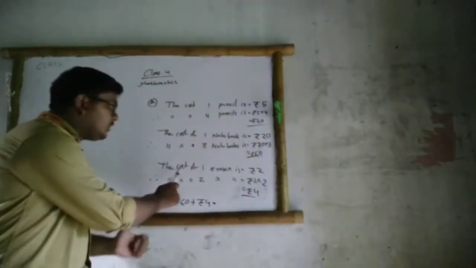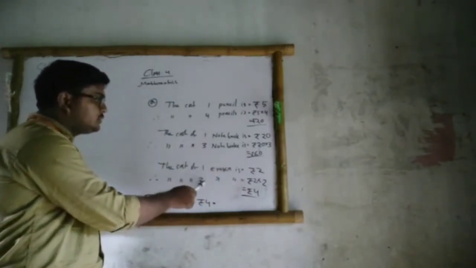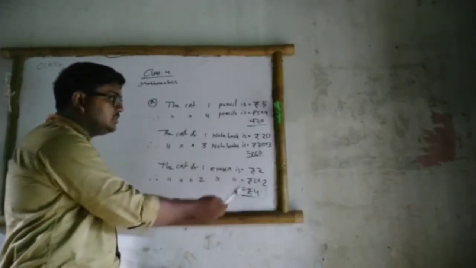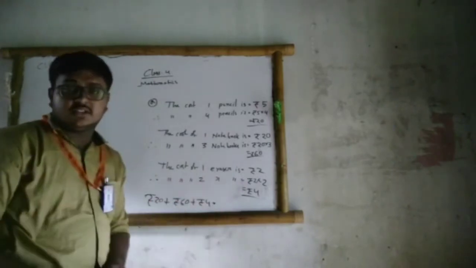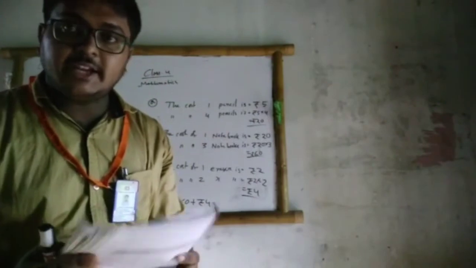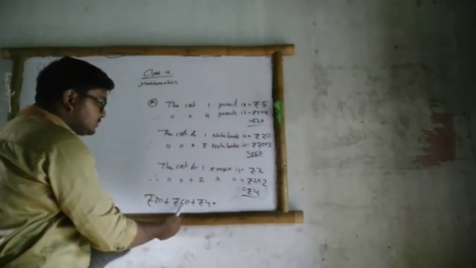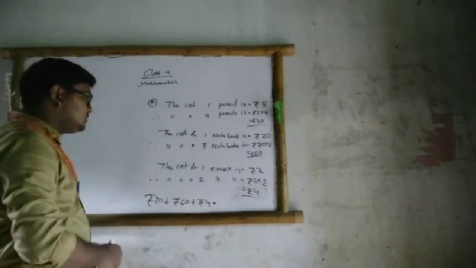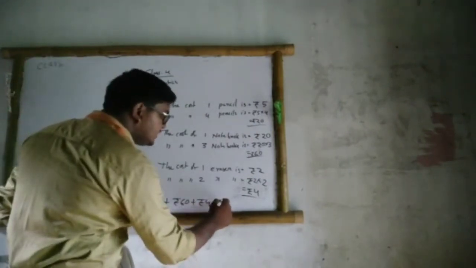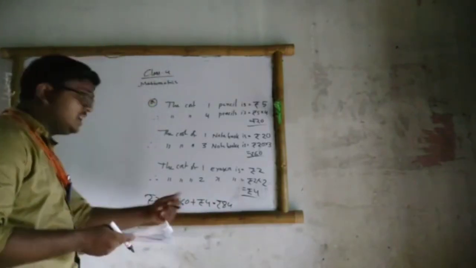Students, the cost of one eraser is rupees 2, then the cost of two erasers is rupees 2 into 2, that is rupees 4. So the main question is, how much did they pay all together? Rupees 20, plus rupees 60, plus rupees 4. So the answer is rupees 84.